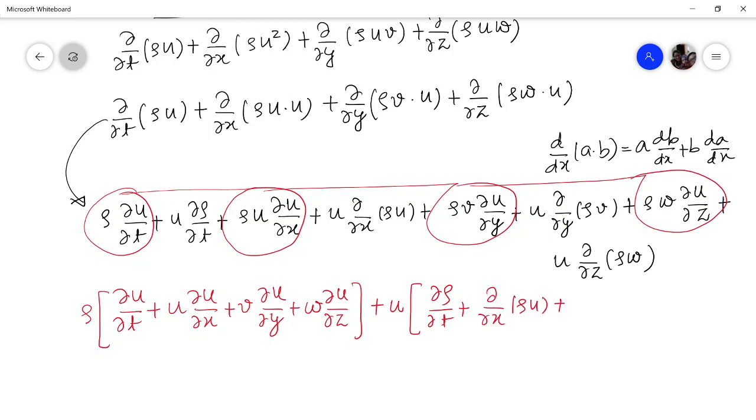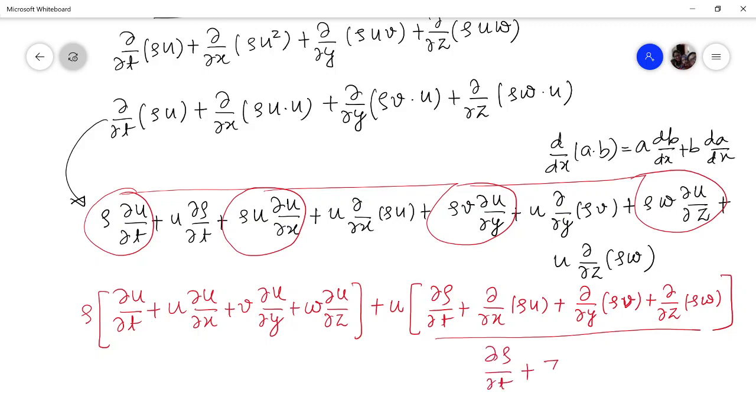Now you can see how this form is converting into a form which is nothing but the continuity equation. That is ∂ρ/∂t + divergence of ρV vector, and we know this is 0.